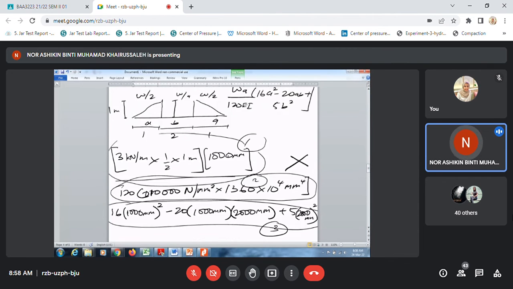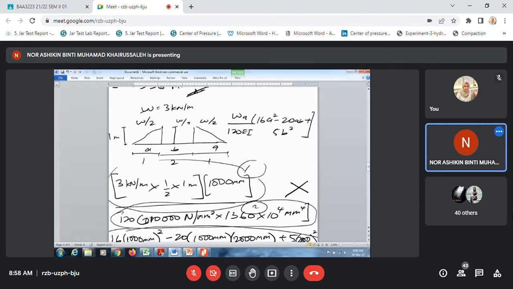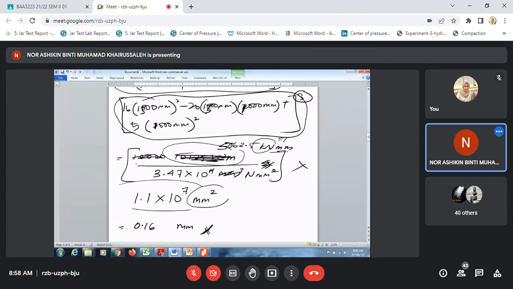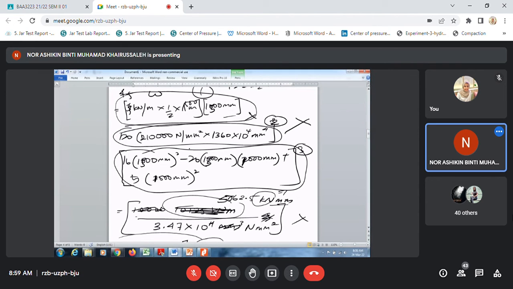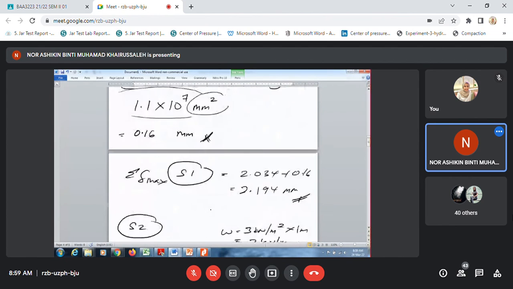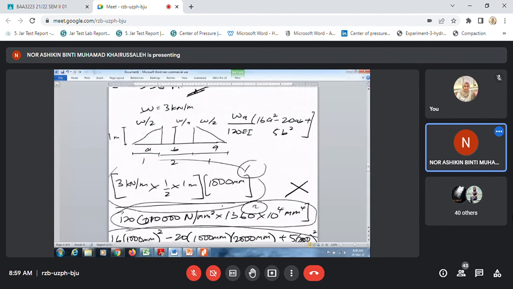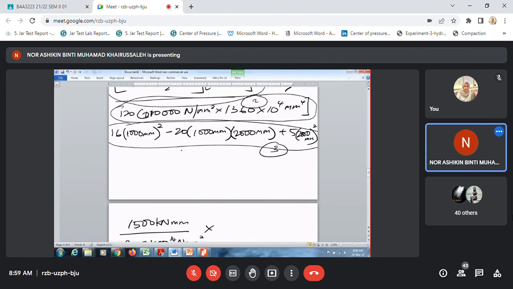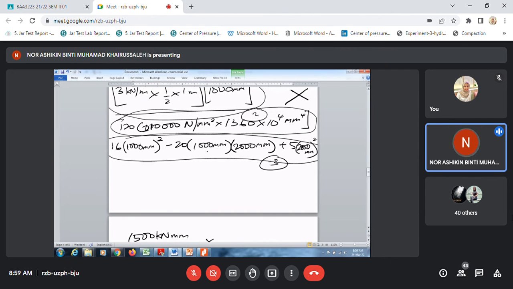Number 2 is just the same with the previous one. So number 2 is 3.47 power what? 40. 14 Newton millimeter square times with the, so what is the value of the number 3 here?